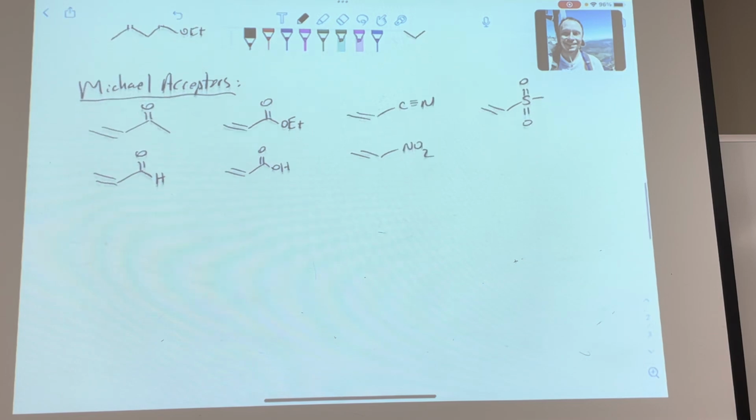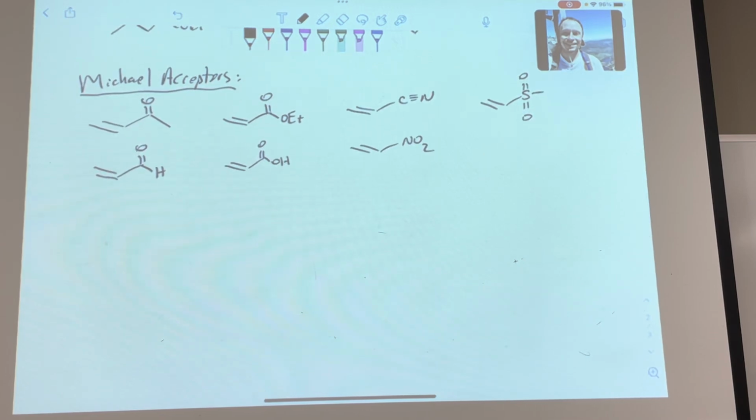All right, so if I were to give you, let's just work with this one. That would be a good Michael acceptor because it is an alpha beta unsaturated ketone. Now, the unique thing about these alpha beta unsaturated carbonyl compounds in general is I can draw the normal resonance form for this.